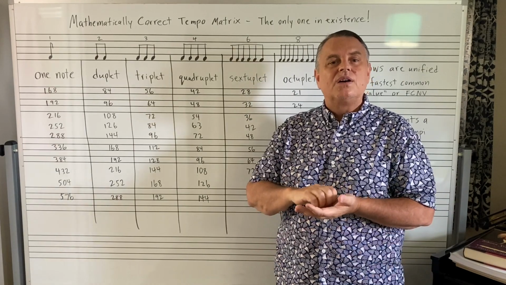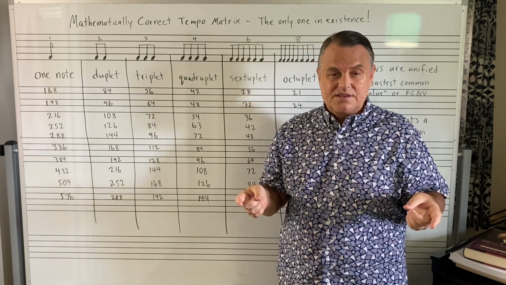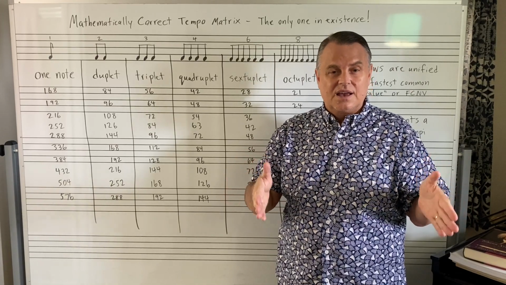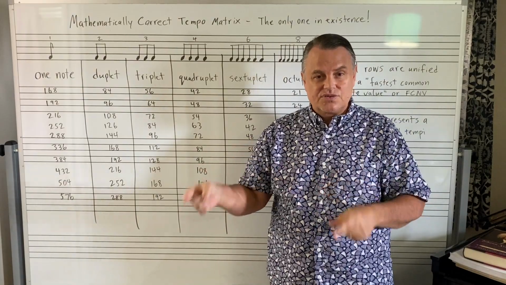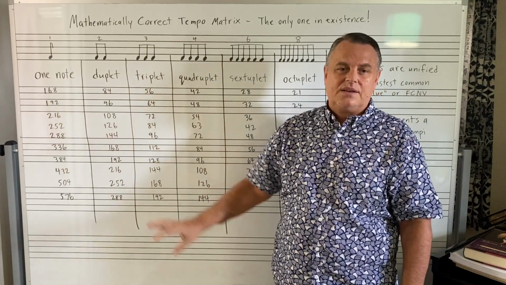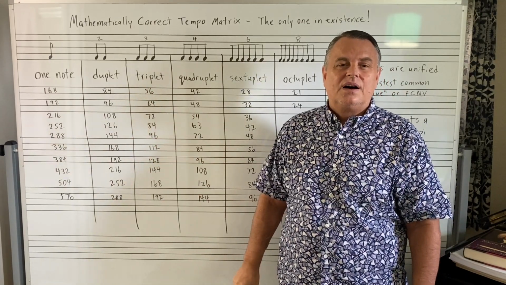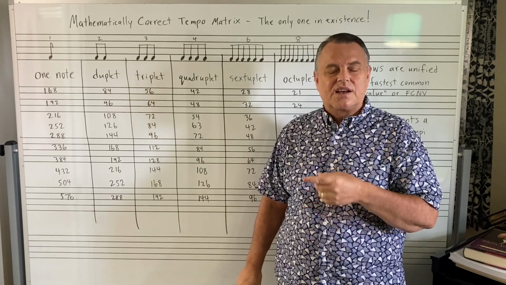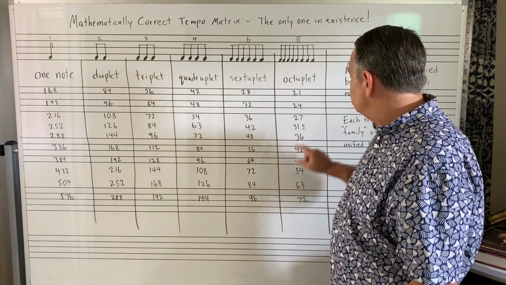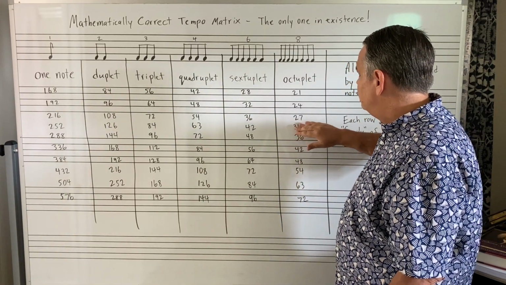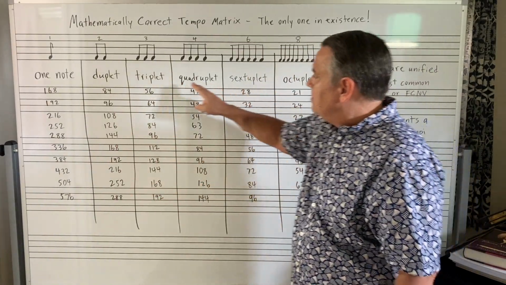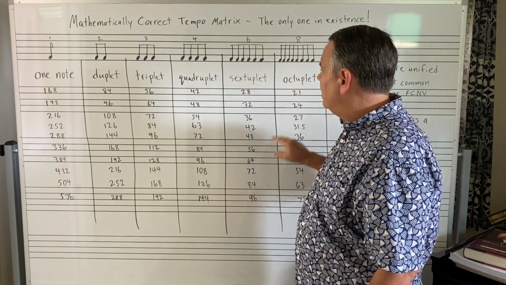If Bach was really a musical scientist, a musical architect, and he did these things that I claim in the previous video, then this has to be true, because this is the only matrix of whole numbers or integers that can be derived with no decimals anywhere except this oddball here. That's not even that important. All of the main tempi that Bach used in his music can be found here somewhere.